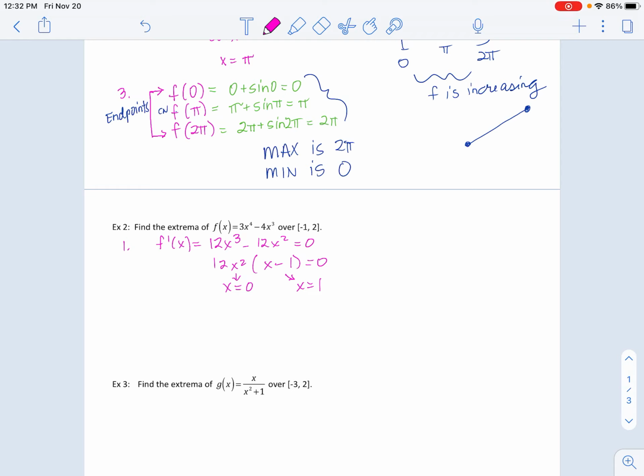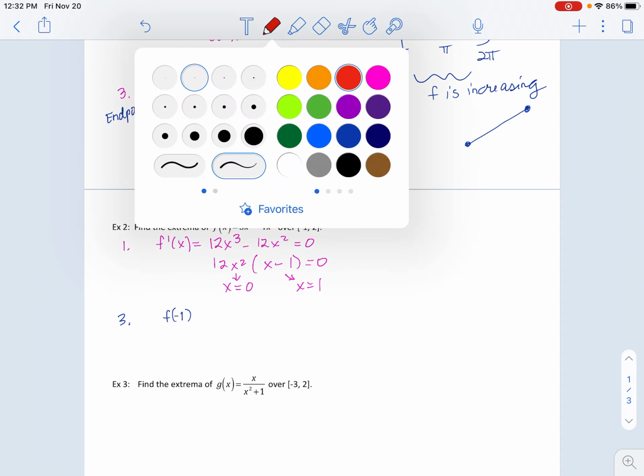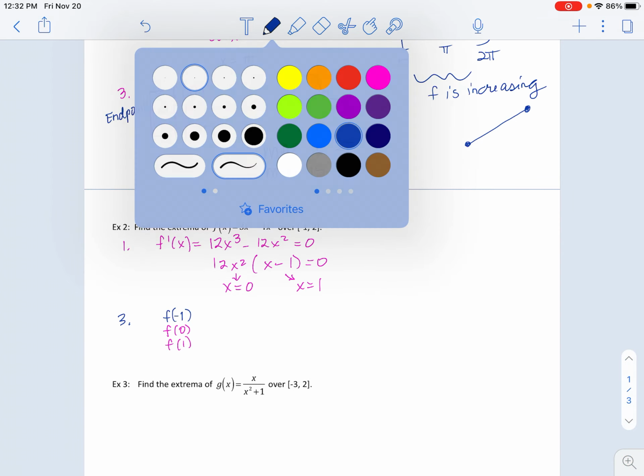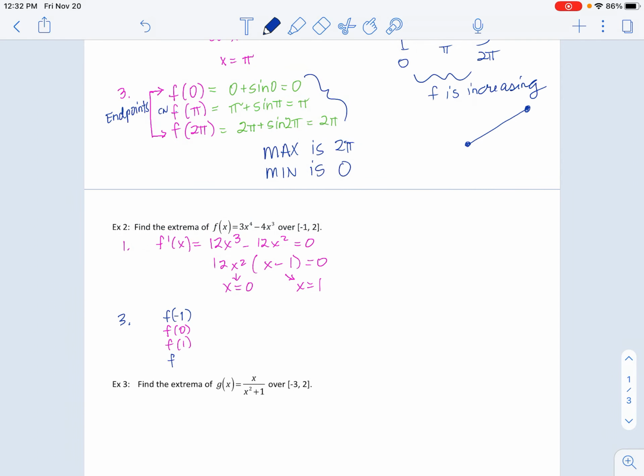But I do have to do step 3, where I evaluate f of -1, the first endpoint. Let me color coordinate this a little better: f of 0, my first critical number, then f of 1, my second critical number, and then back to my blue endpoint.